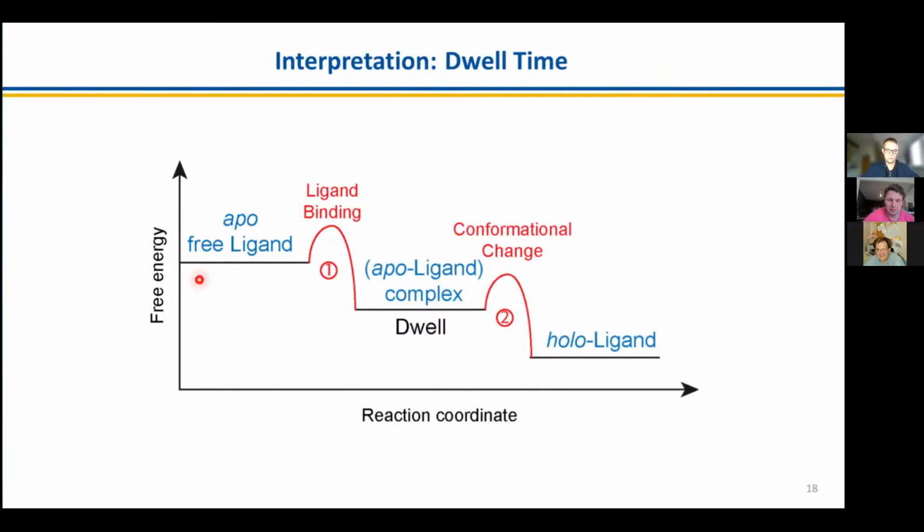Where we start is the free protein in the apo state, so we have the apoprotein and the ligand separated from each other.